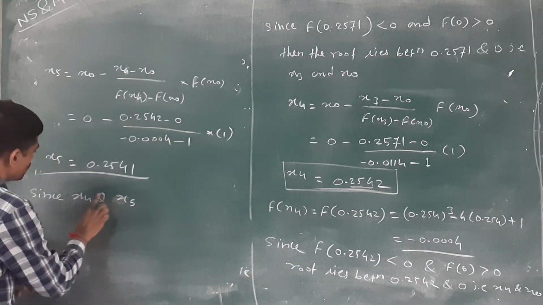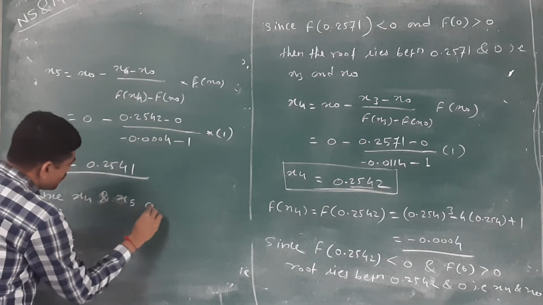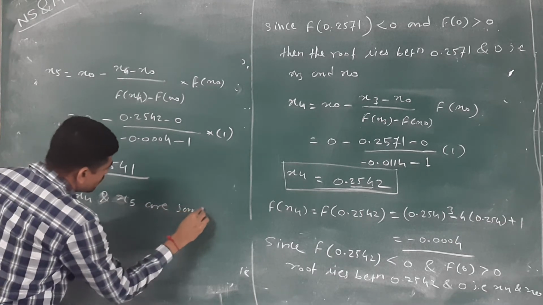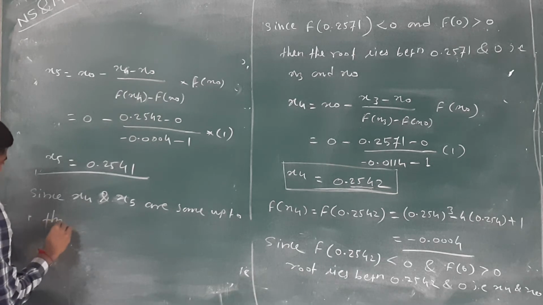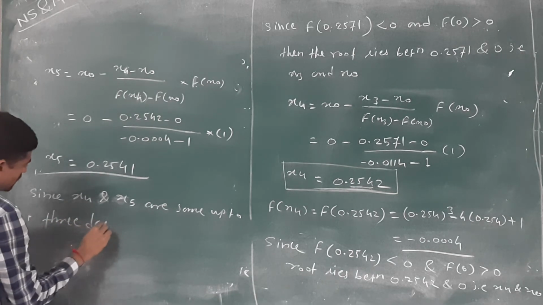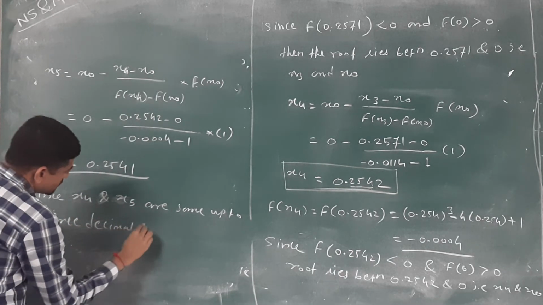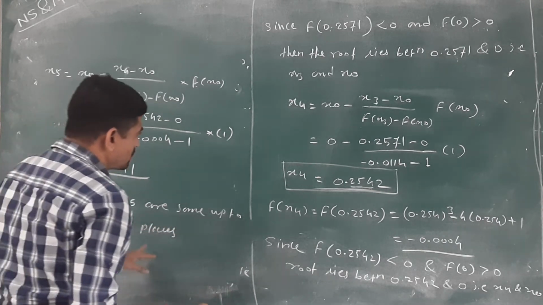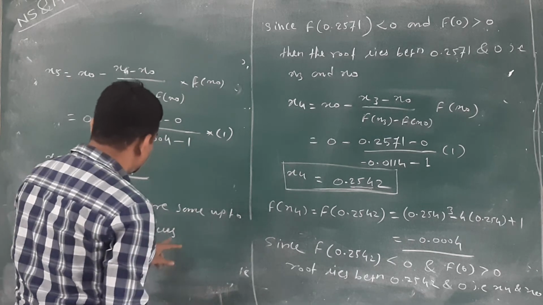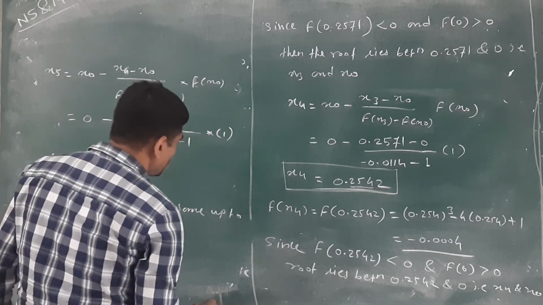Since x4 and x5 are the same up to 3 decimal places, or we can say 3 decimal points.